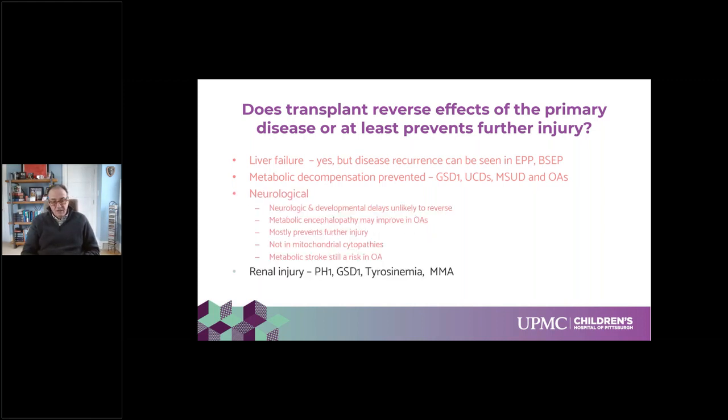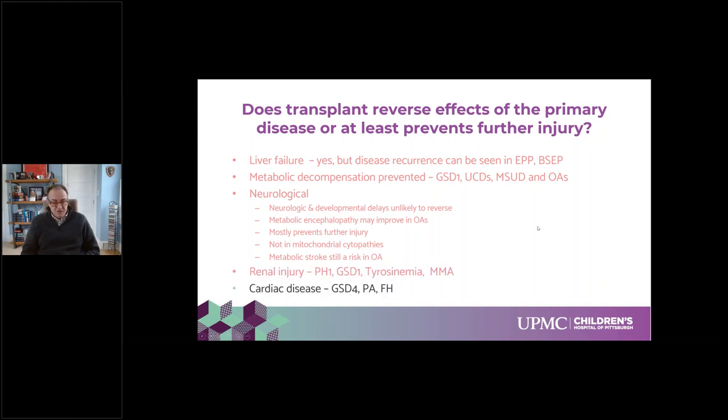Renal injury can still occur in glycogen storage disease type 1, tyrosinemia, MMA, and often for methylmalonic acidemia and even propionic acidemia. You sometimes have to consider a combined liver and kidney transplantation, as you also need to do in advanced primary hyperoxaluria.